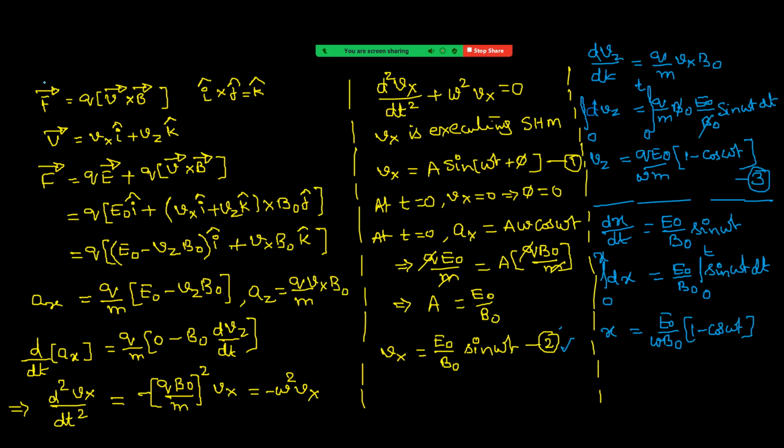Now coming to equation 3, in the place of Vz, dz by dt equals what we got here, q E naught upon omega m into 1 minus cos omega t, right?